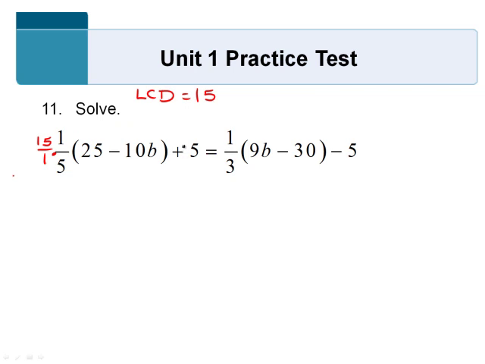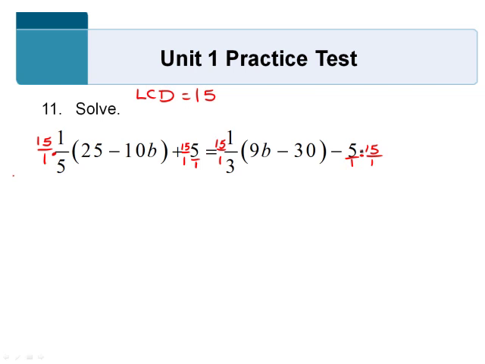Okay, then plus, I'm going to put 15 over 1 times 5 over 1. It's going to be messy. 15 over 1 times the 1/3, 9b minus 30. And I'm going to put the 5 first just because I've got more room, times 15 over 1. Okay, I hope this makes sense because I know it's a mess.